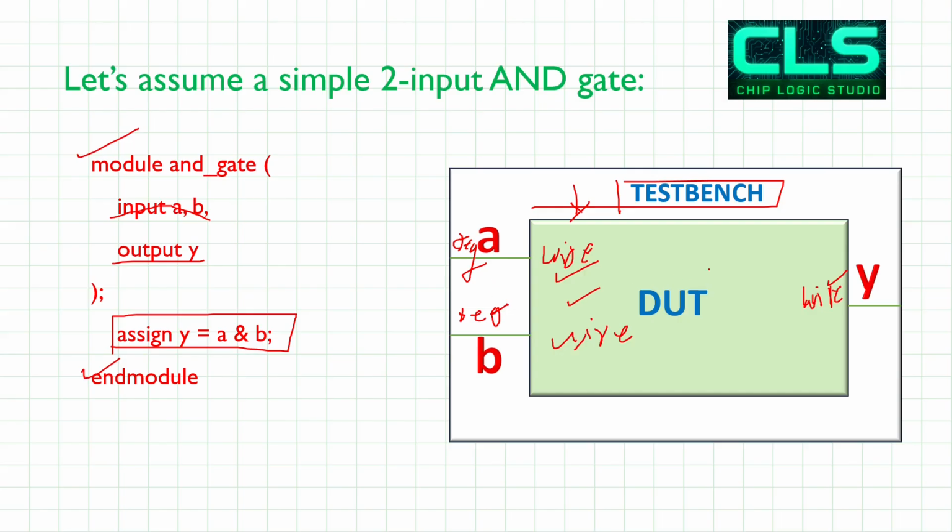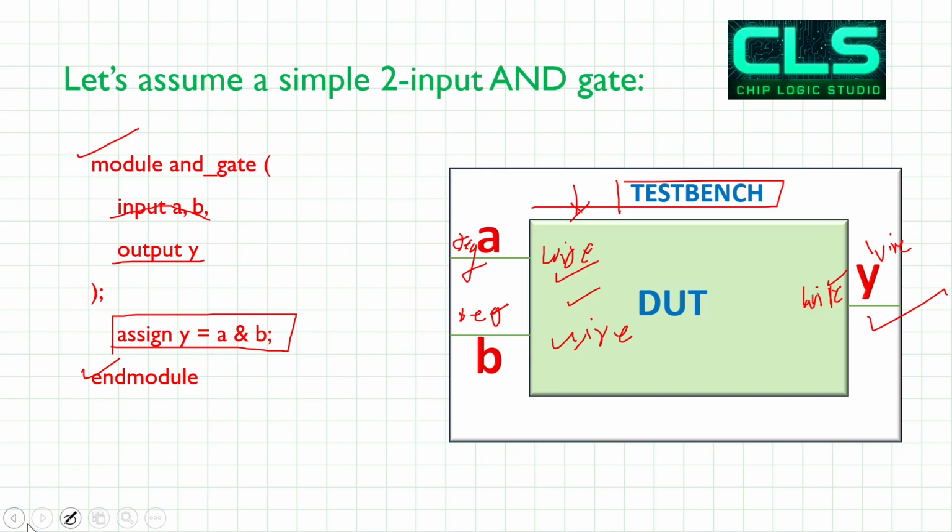So our inputs will be reg and output will be wire, because we don't care about storing the wire, we will just observe this wire or y in our waveforms or in our terminal. But we want to store our inputs. We mostly focus on stimulus, that is, what we are giving and at what interval we should give. I will show in this testbench.